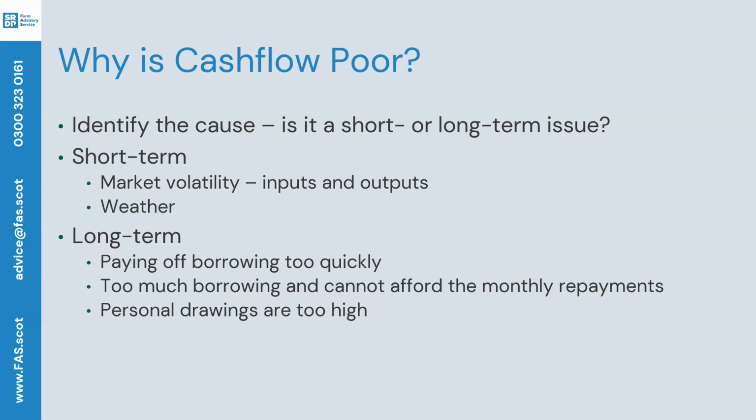Lots of new, progressive, expanding businesses have fairly high levels of borrowing and can be quite highly geared. But the problem is you need to be able to service the interest on that debt. And if you don't have the cash available to service the interest and the debt repayments, that can be really crippling to new growing businesses, even if they are profitable.